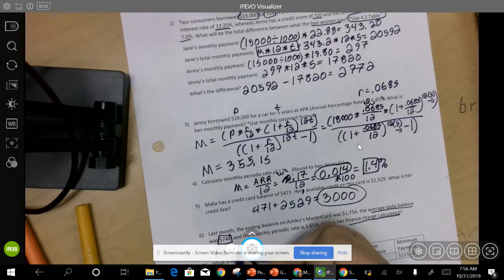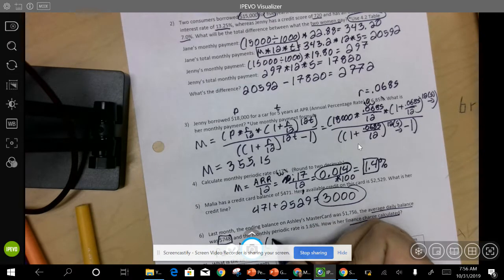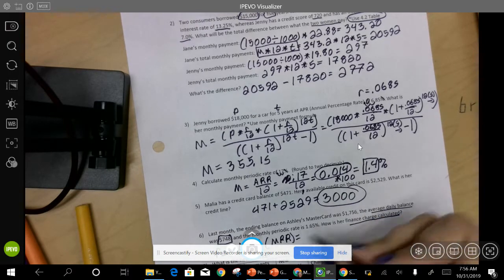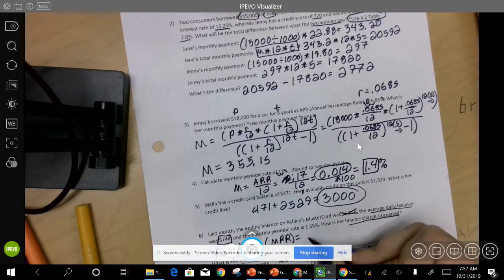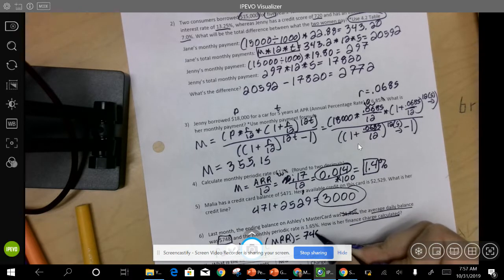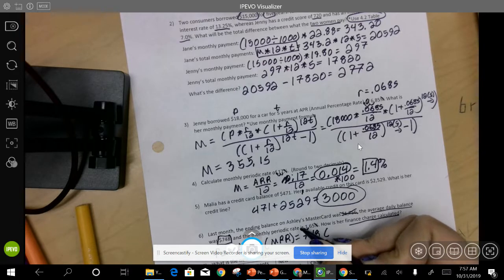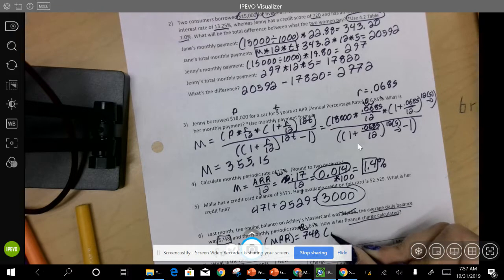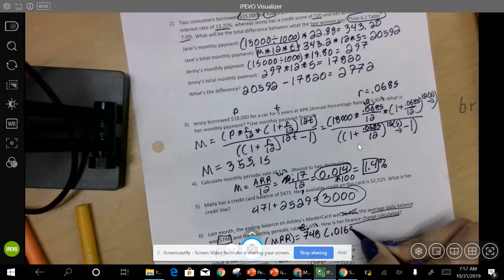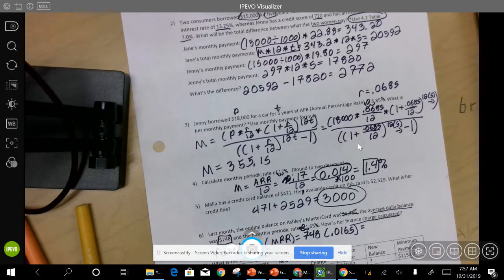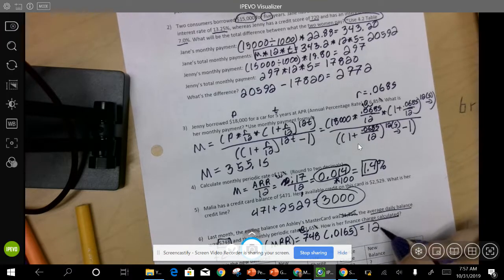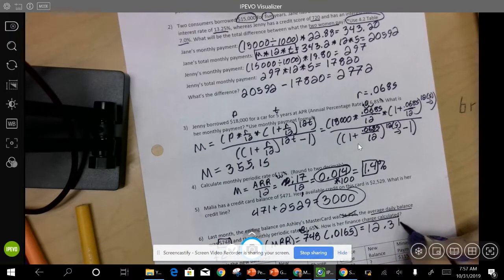Finance charge, remember, is the average daily balance times the monthly periodic rate as a decimal. So we're actually not going to use the ending balance. Remember, drop the percent sign, go to the left. So we multiply those two together and we get $12.34.